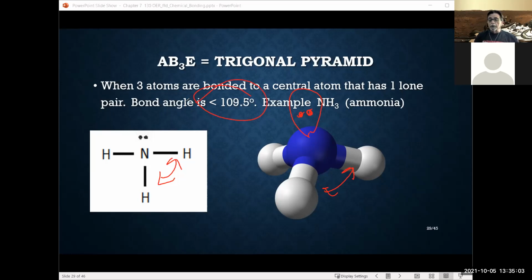I also stated that whenever you end up with a lone pair of electrons on the central atom, you always end up with what we call a polar compound. Just like the previous example, where you saw the lone pair on the sulfur, you got a polar species.